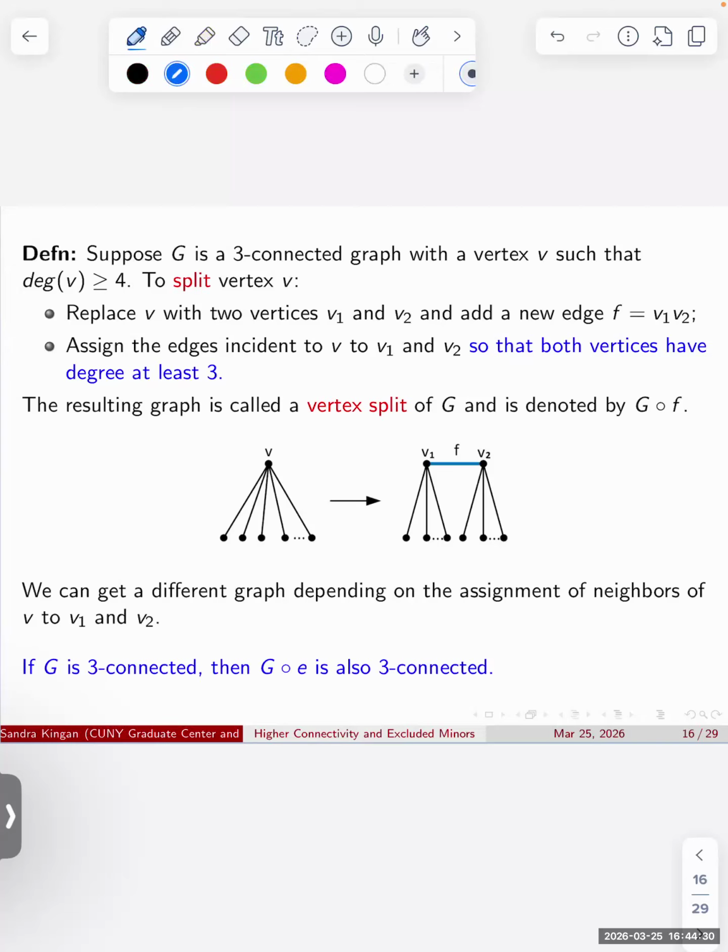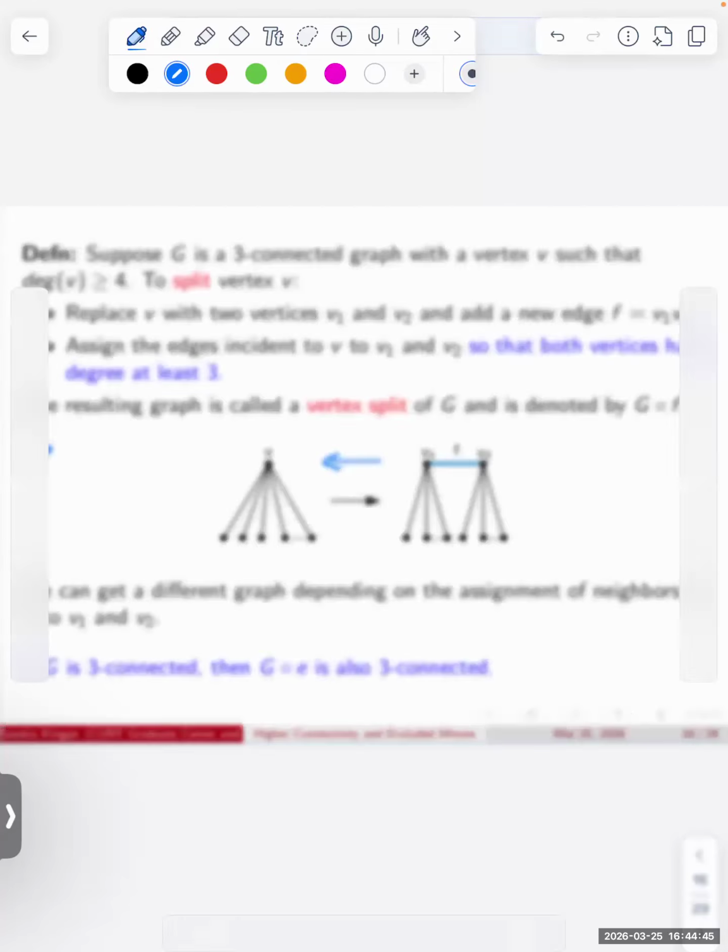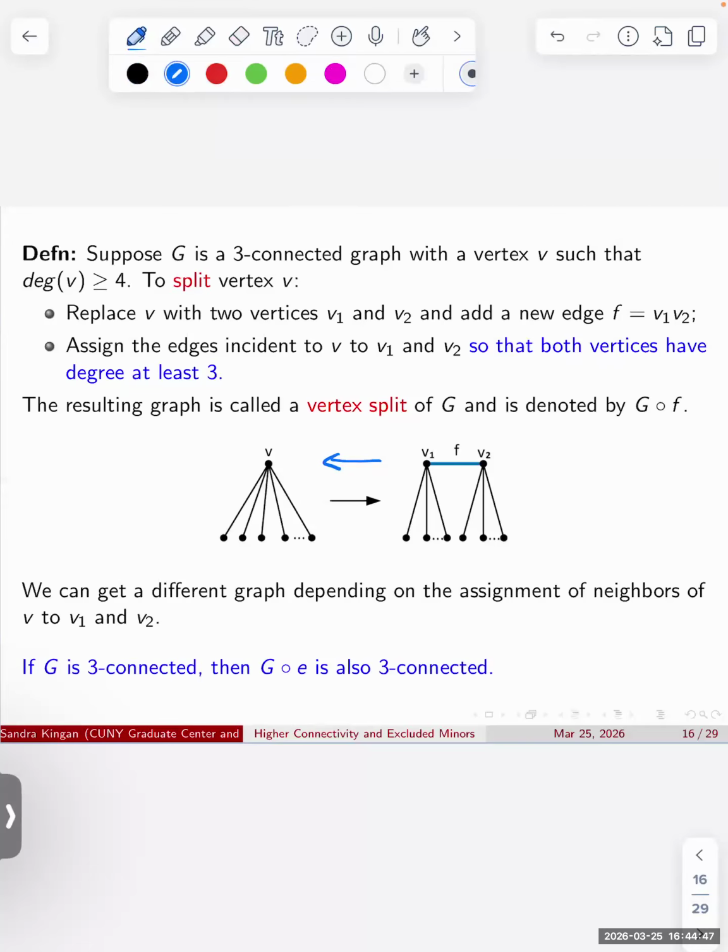You take an edge F, it has endpoints V1 and V2, and you just contract it down. So this direction is contraction. And this direction is vertex split.